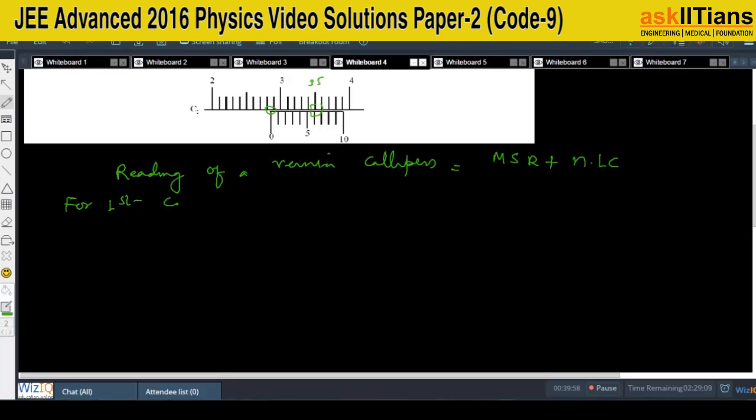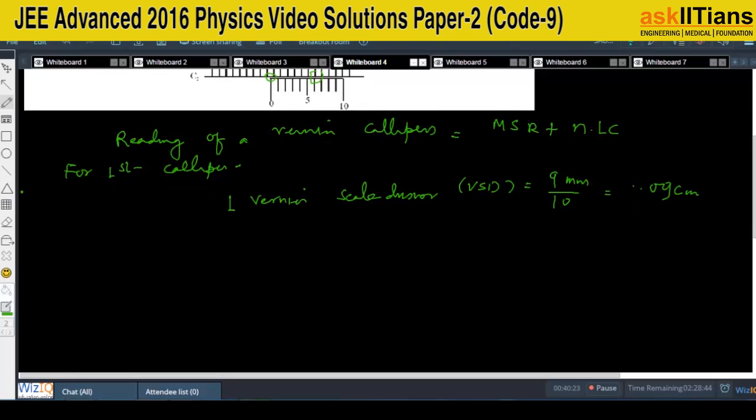For the first caliper we are given that vernier scale division, that is VSD, is equal to 9 MSD. So we can say 1 VSD is equal to 9 mm divided by 10. So we got the value as 0.09 centimeter.